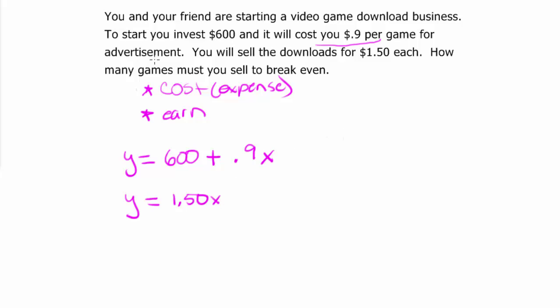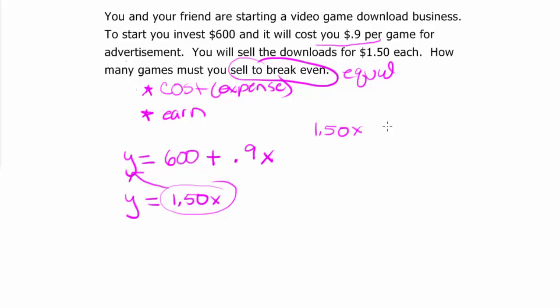Okay, so it says how many games must you sell to break even? That's another way of saying equal, like in the one before. So basically, it's just saying how many games must you sell for your cost to equal your earnings? Okay, so then you just set them equal to each other.